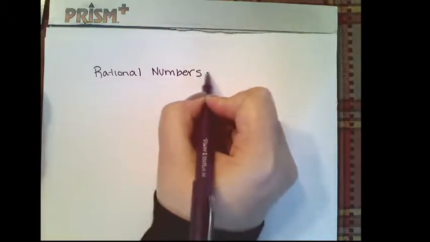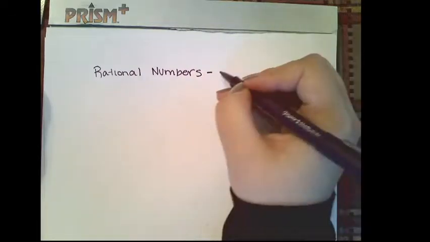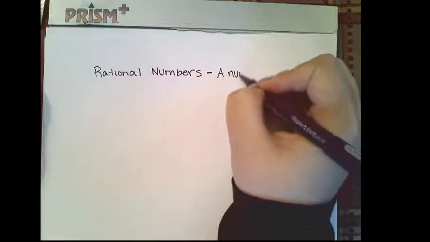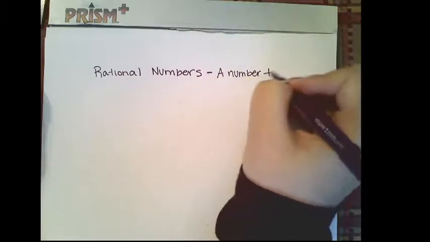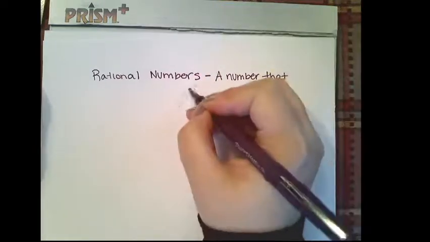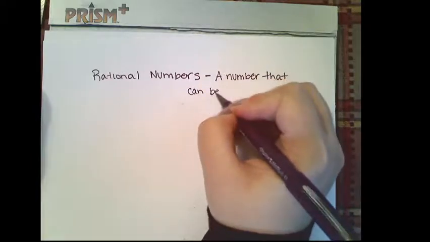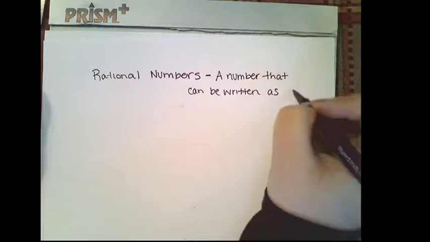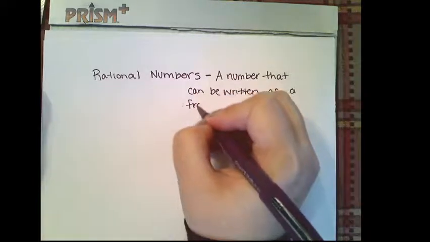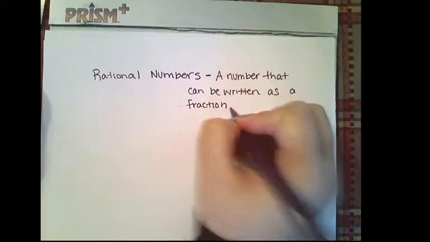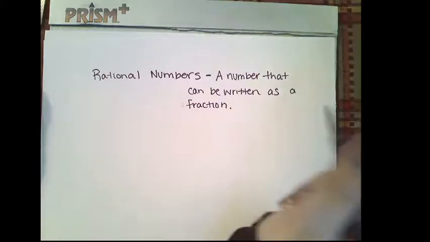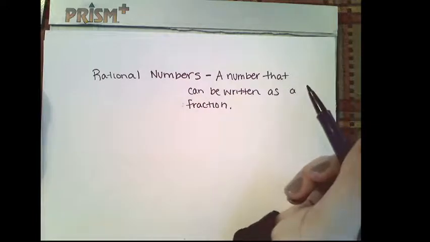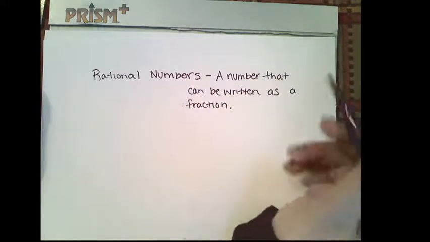And what rational numbers are is a number that can be written as a fraction. But sometimes we run into a problem when the numbers aren't written as fractions, when they're written as really long decimals.